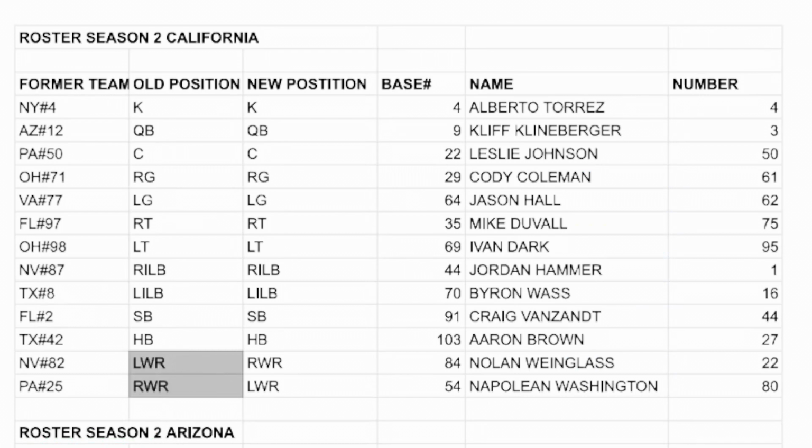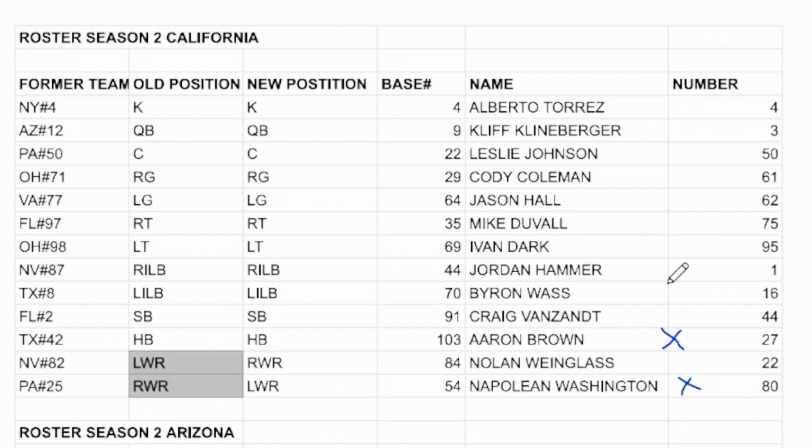Now we move on to my pick for second place in the Western Division, the California Pacifics. We start with Napoleon Washington, wide receiver, formerly number 25 with the Pennsylvania Bucks. He is a weapon. And if you watch the last exhibition game I ran, you'll see Aaron Brown, former Texas tailback, on display. He now plays for California.